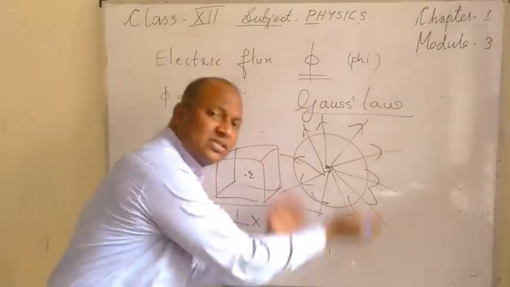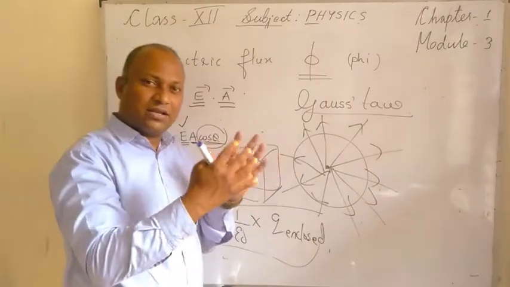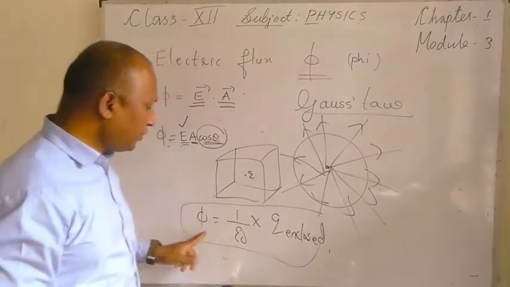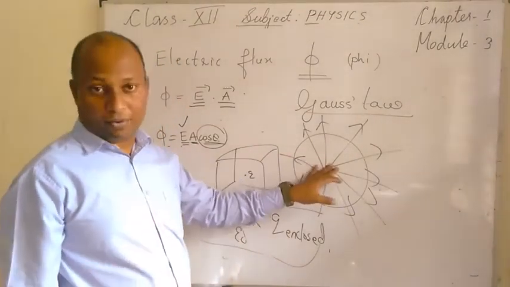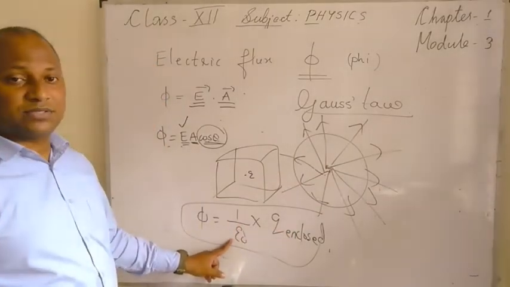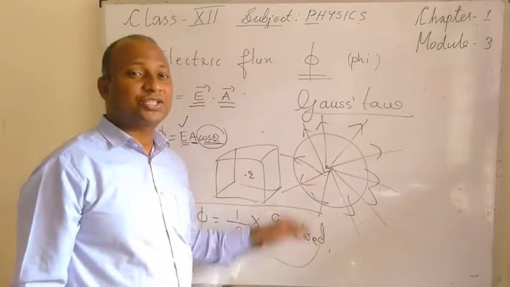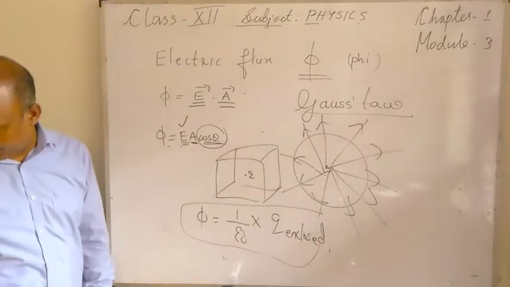So the flux passing through or penetrating through a closed surface is equal to, if inside is vacuum, 1 upon epsilon naught times the Q enclosed, charge enclosed by the surface. So that is what the Gauss law is.